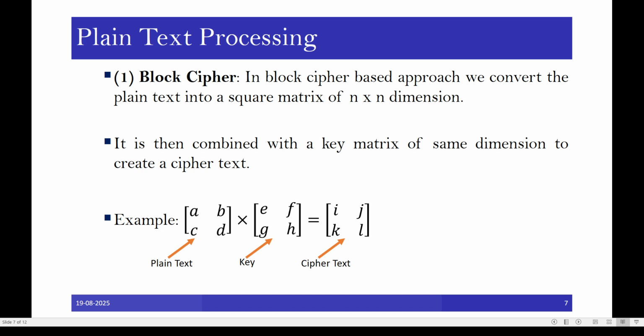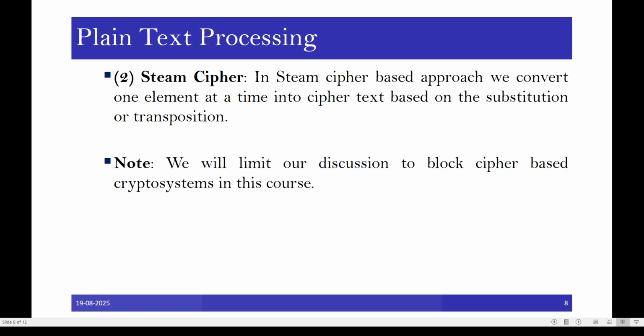Then we move to the next set of words, take the new set of data, place it into the plain text matrix, convert it into cipher text, then again move ahead. This is how we do it block by block. In comparison, in the stream cipher based approach, we convert one element at a time into cipher text based on the substitution or transformation.